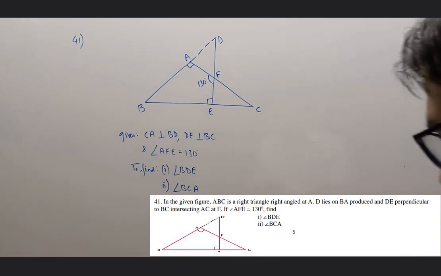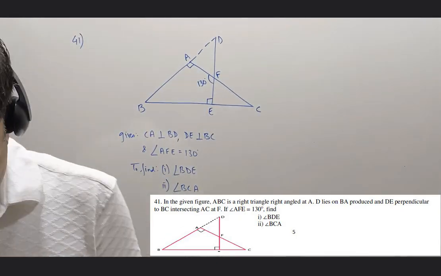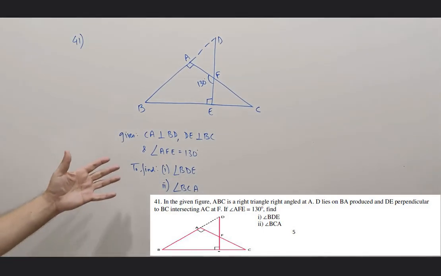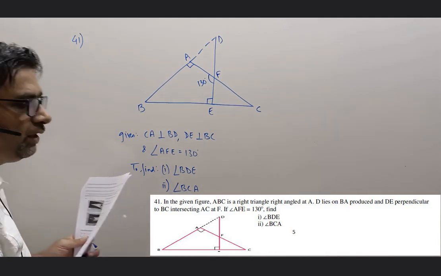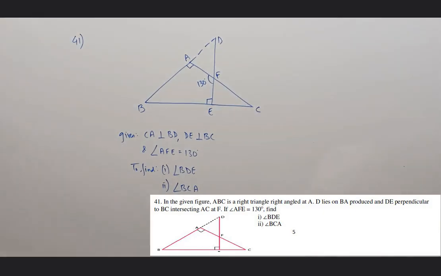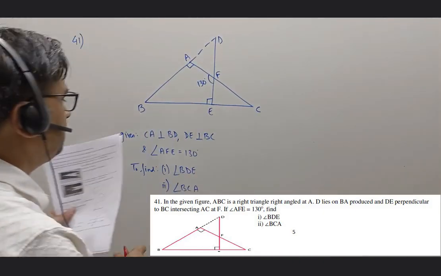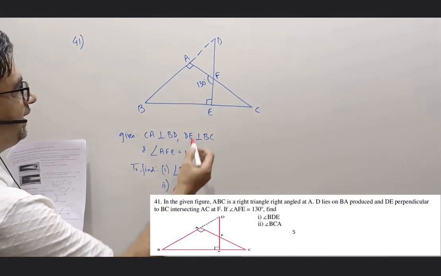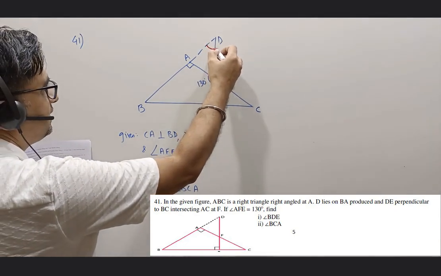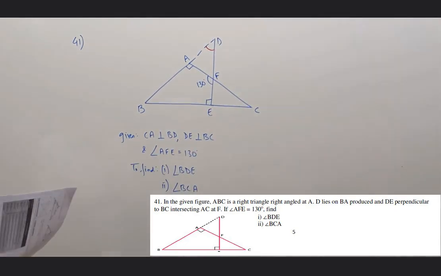Okay, so in this question number 41, we have this triangle and all this information is given. And we are now required to find angle BDE. So we are required to find angle BDE. Let me highlight this, the one in the first bit that we are going to determine, angle BDE. This is the angle that we are interested in at this time.